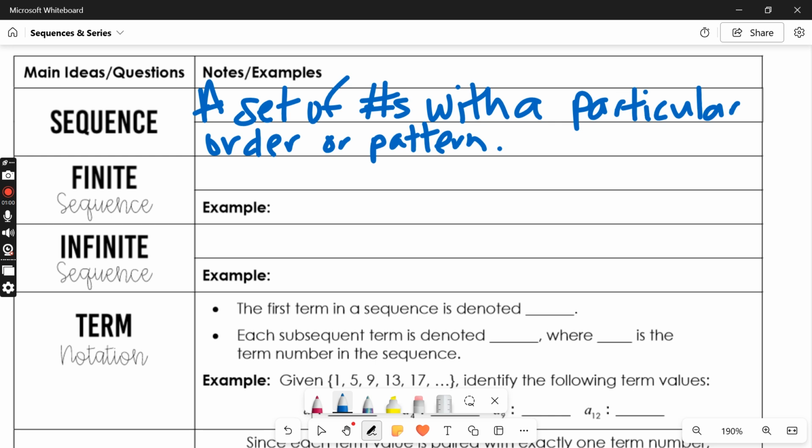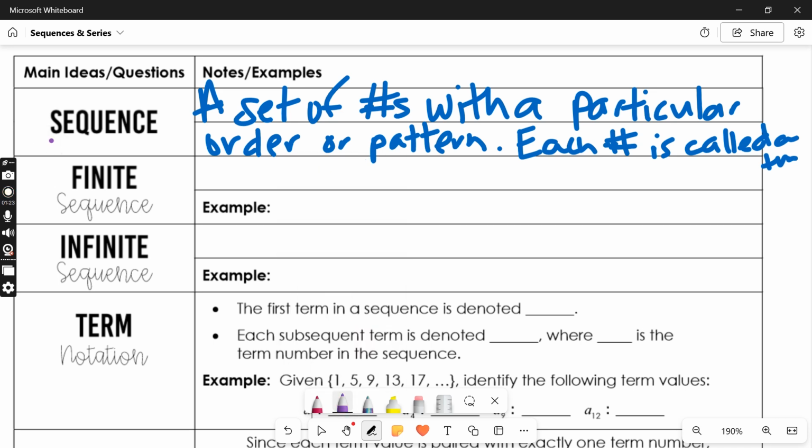Okay, and then each number is called a term. And you can write that on here if you have room. Each number is called a term. Out of room. Okay.